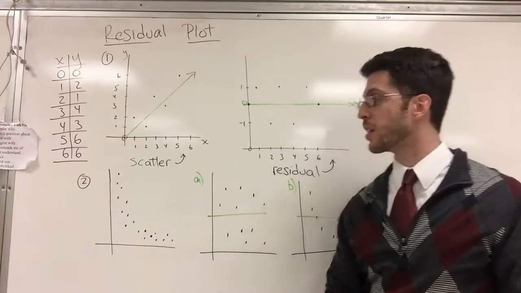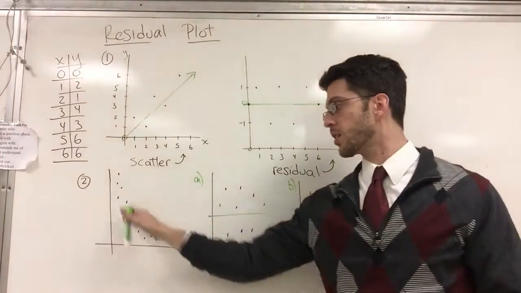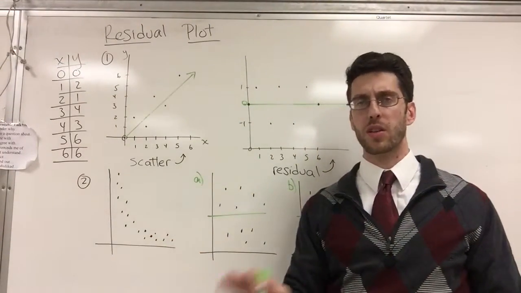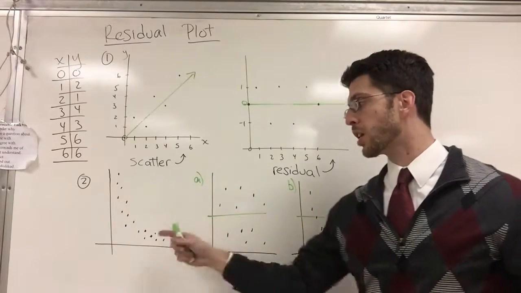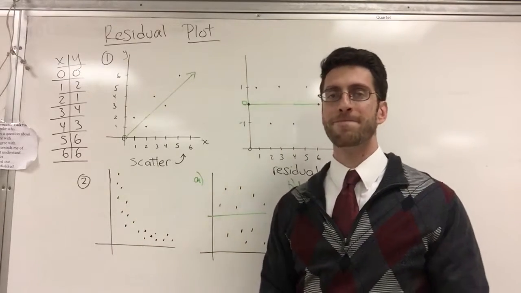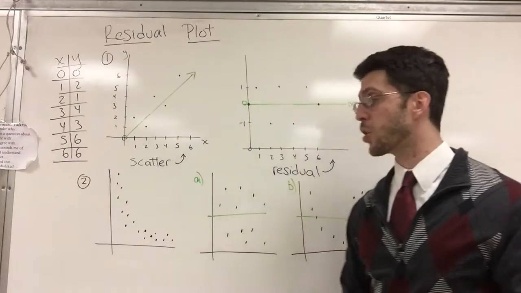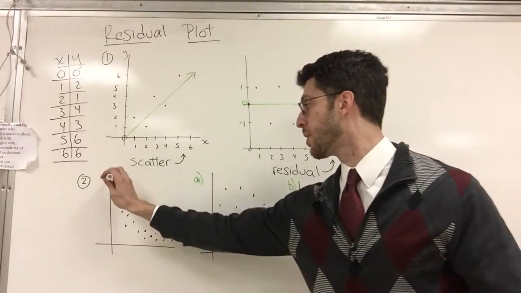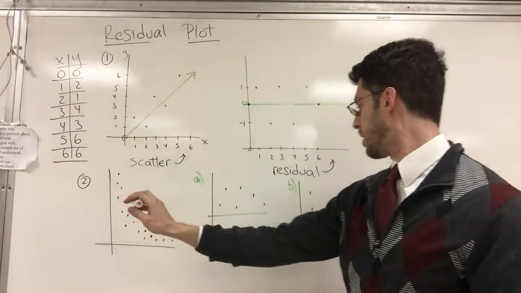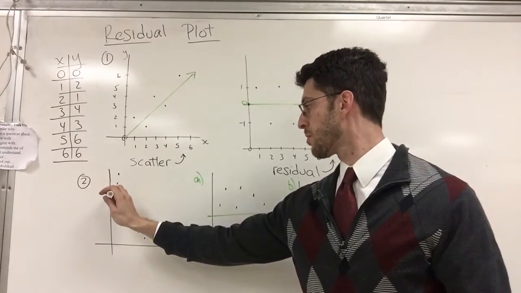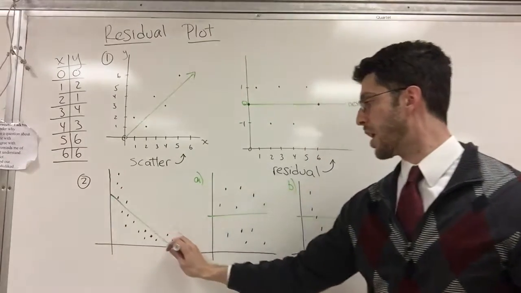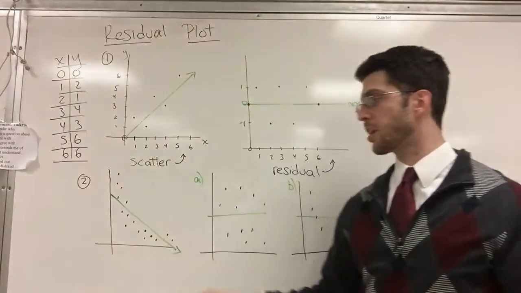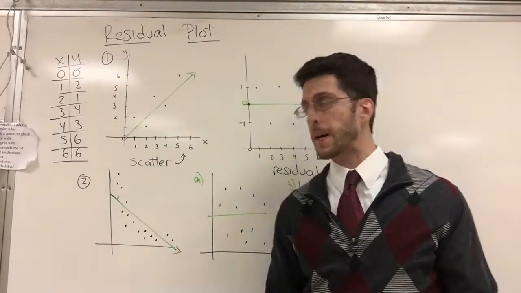No, there's other kinds. Look at number 2. Look at this thing. Here's this random scatter plot. I didn't even tell you the numbers, just a random scatter plot. So you look at it, and let's say you make a mistake, and you say, I think that's linear. Let me draw my line of best fit. And you do something like, there's my line of best fit, because I thought it was linear, right?